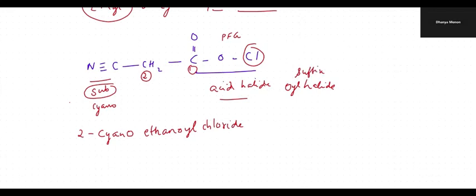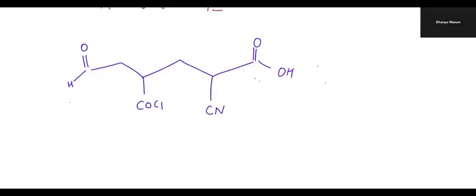Okay. The next question, you have an acid group, you have a cyanide group, you have acid halide, and you have aldehyde. So definitely the acid is the primary functional group. So this is given number 1 position. So 2, 3, 4, 5, and the aldehyde group, you may or may not number it.